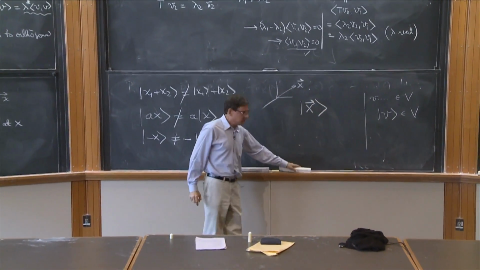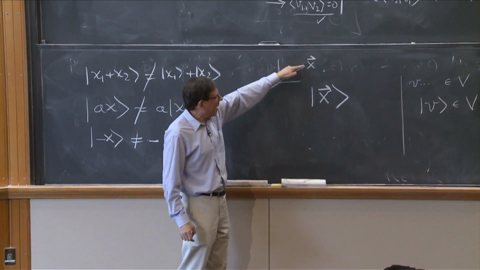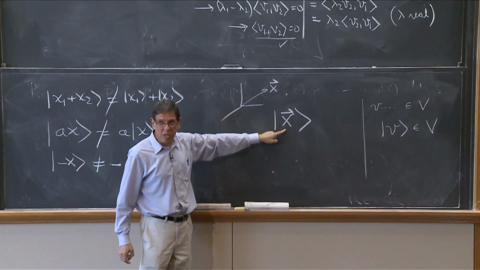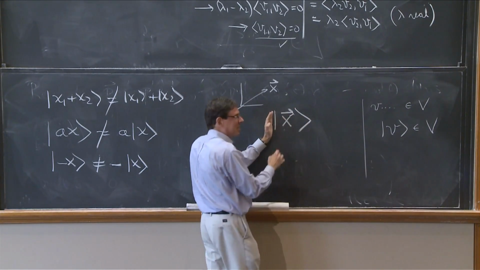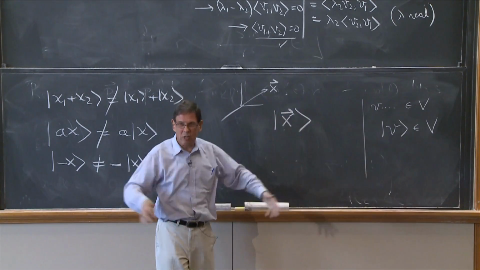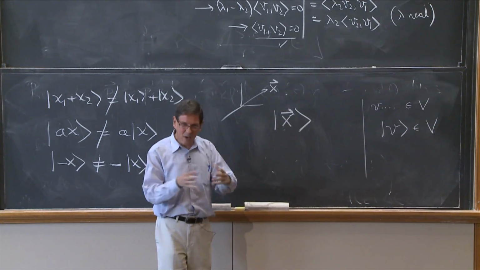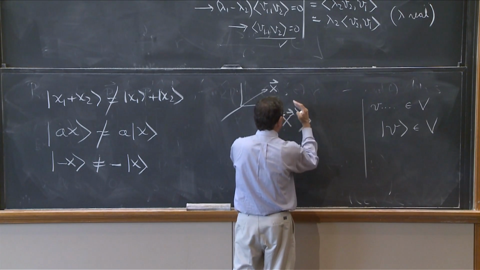This is the ket, particle at x. x is now a vector, but it's a 3-dimensional vector. This is a vector, but it's a vector in an infinite dimensional space, because the particle can be anywhere. So this is a vector in quantum mechanics.